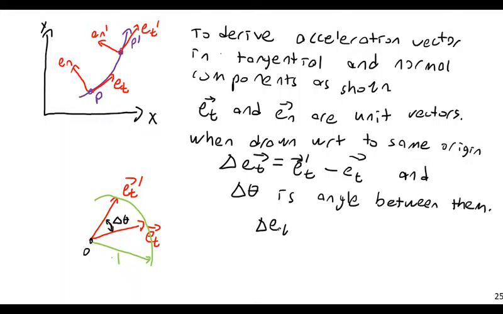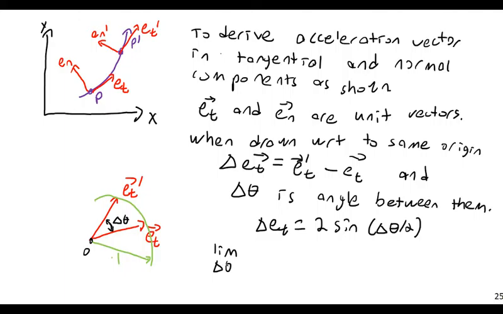delta ET is going to be equal to 2 times the sine of delta theta over 2, and then the limit as delta theta approaches 0. So this is how we can start to define our velocities. We're getting closer.